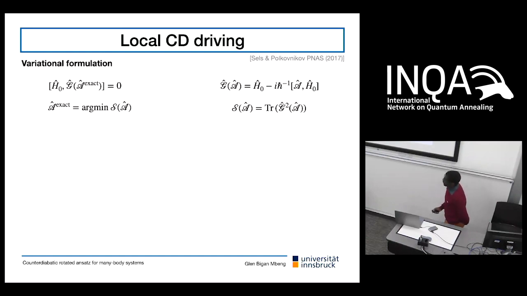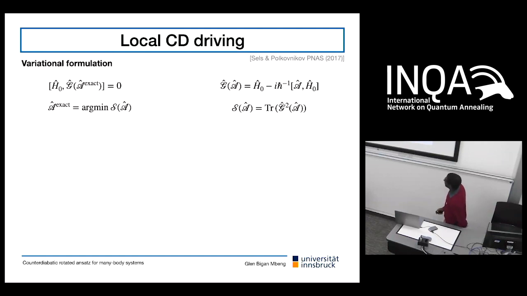So the idea is that the problem of finding this exact driving can be written as a minimization problem, where one has to minimize this action, okay, and this action is essentially the trace of the square of an operator. So this minimization doesn't involve diagonalizations anymore and can be performed without spectral information.